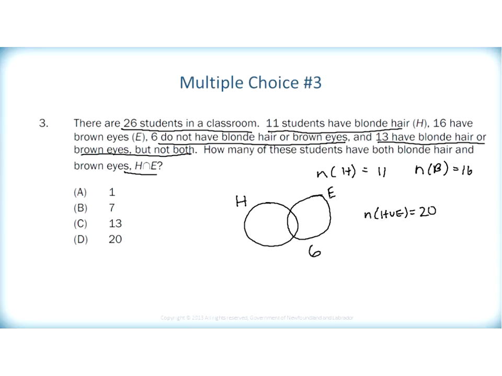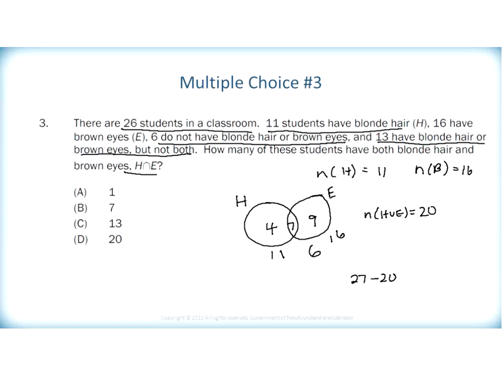We have 11 students in H and 16 students in set E. That gives us a total of 27, but there should only be 20, so 27 subtract 20 will give us 7 here in the middle. That will give 4 with only blonde hair and 9 with only brown eyes.